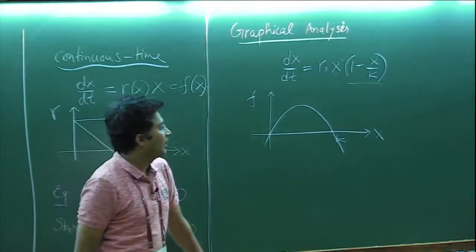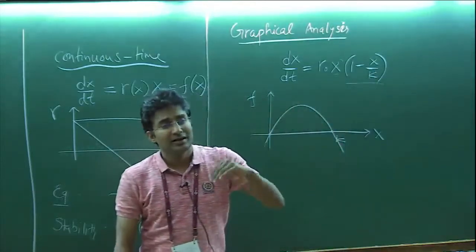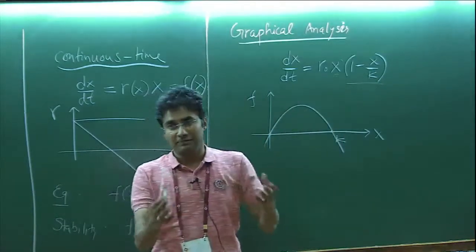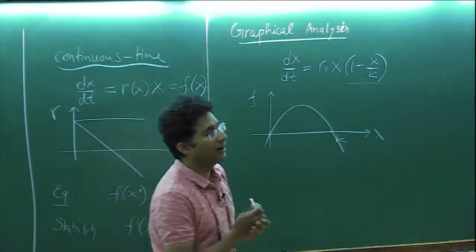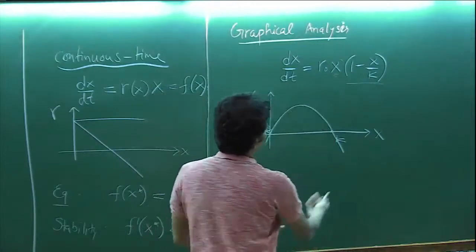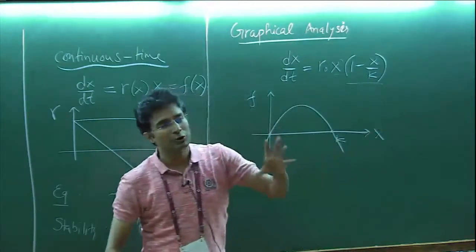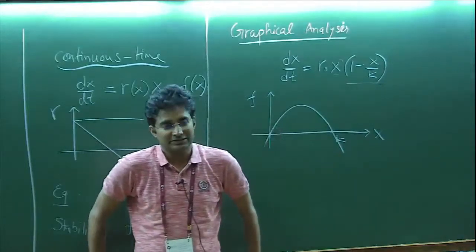Okay. So this is, of course, a very simple quadratic equation, so it's easy to plot. If there was a more complex function, you can use Mathematica, MATLAB, or any of these programming languages to plot the function. Of course, you have to assign specific values when you don't know the complex form of the function.